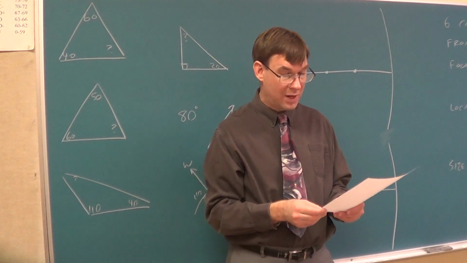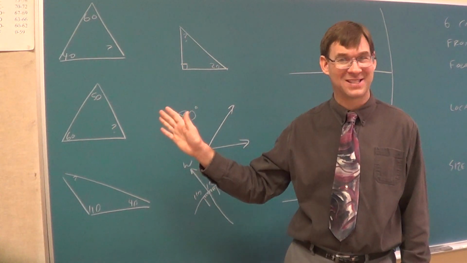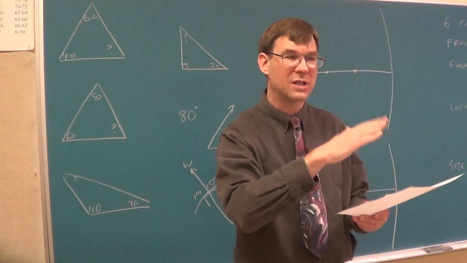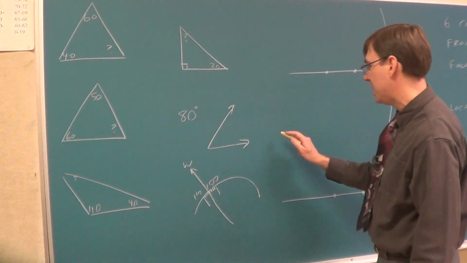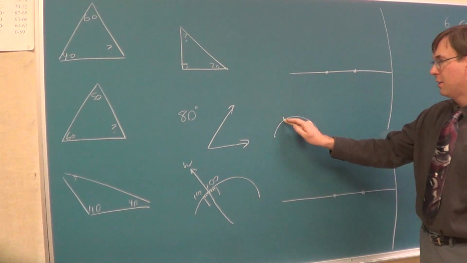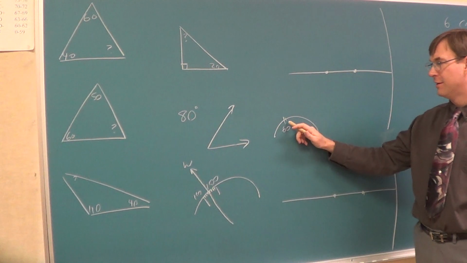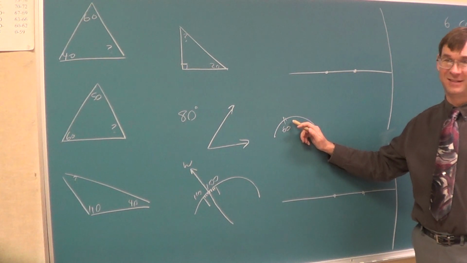The hardest ones are the ones in the middle. If they land on a 10, that's the easiest. If they land on a 5, that's not so bad. When they land on one of the ones, you just have to be careful you're counting the right way. Because if this is the 60 line and we're right here, what might that be? 59?